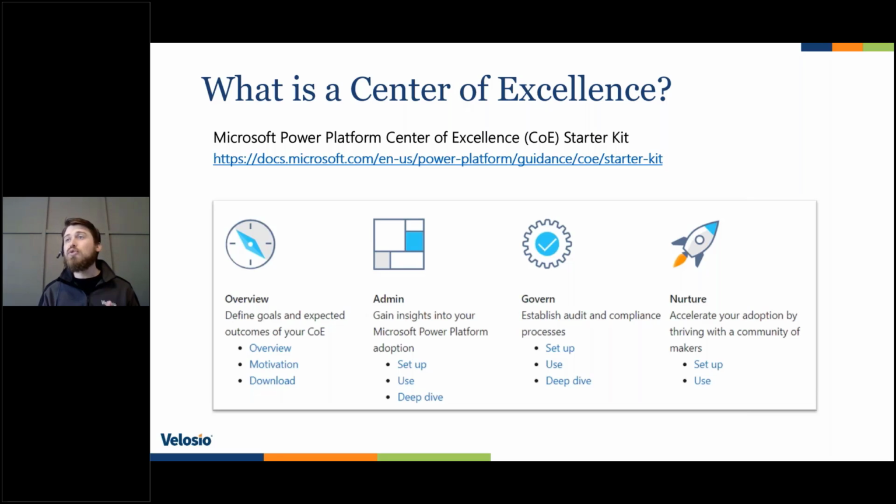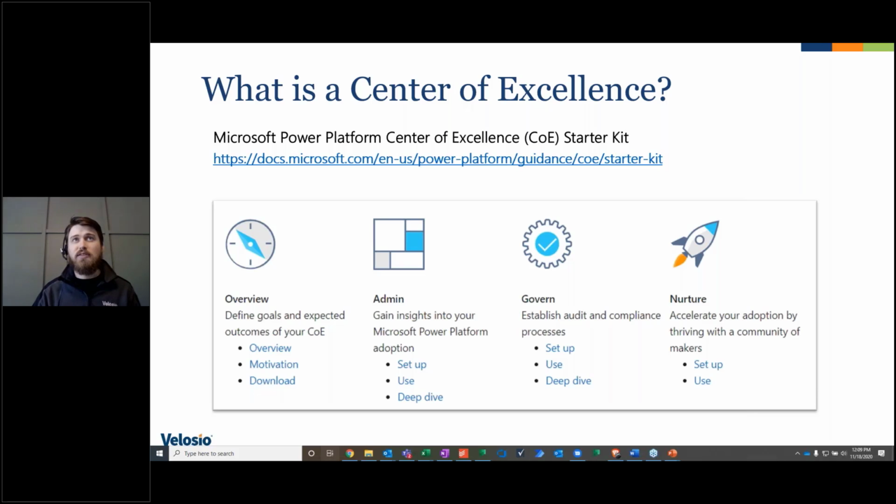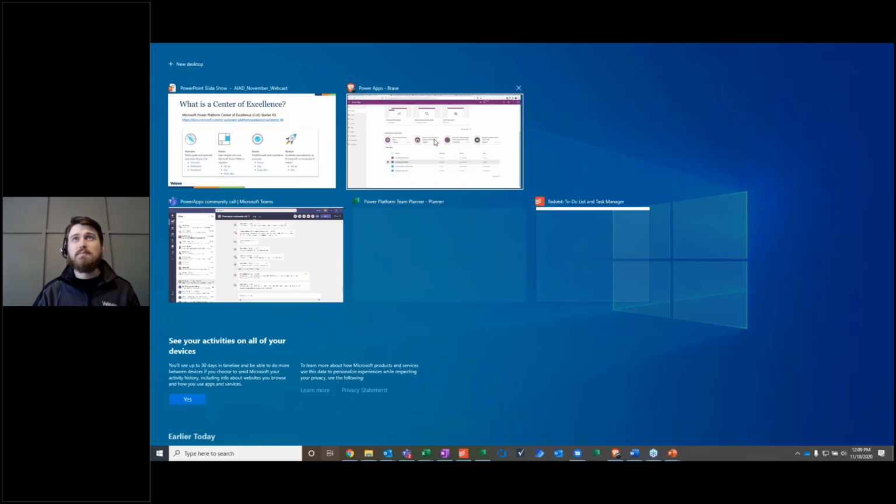So these tools are really helpful, and I want to show some of them today. So I'm going to try to switch over my screen. Let's see if I can do this successfully.